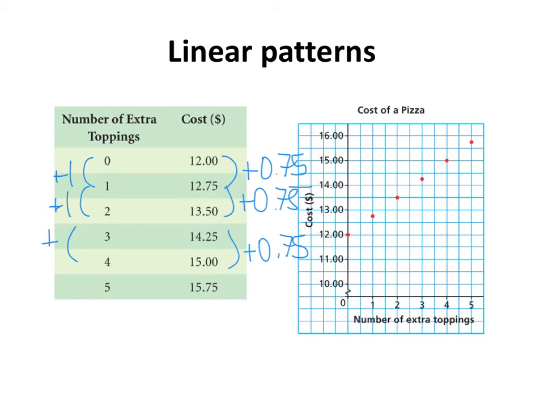In this table of values, we see that the cost is increasing by 75 cents every time the number of extra toppings on the pizza increases by 1. This in the table gives us the same sort of straight line pattern if we plot the data, and so it's also a linear pattern.